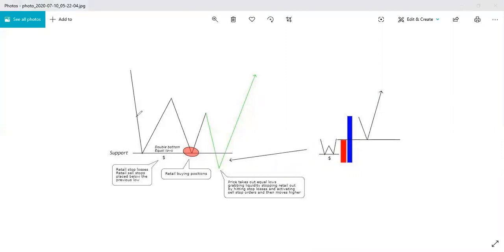We will look for liquidity, as in retail positions, in the form of equal lows.